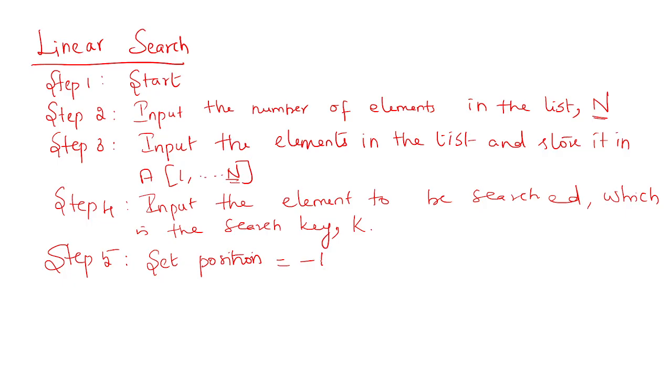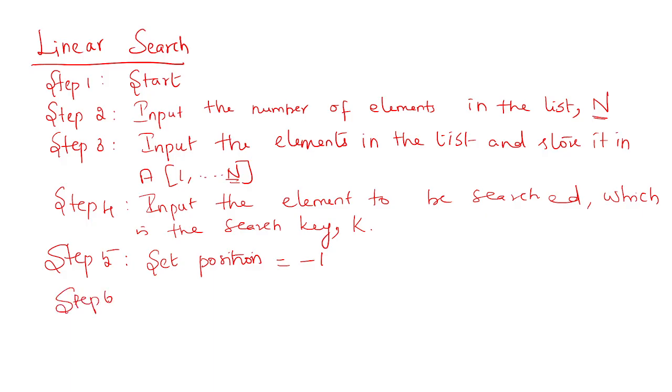This will act as a flag. After you search the entire list, if the position is still -1, it means that you have not found the element. Whenever you find the element, you assign the position where the element is present to this variable position. So for this, I am initializing a variable called position.